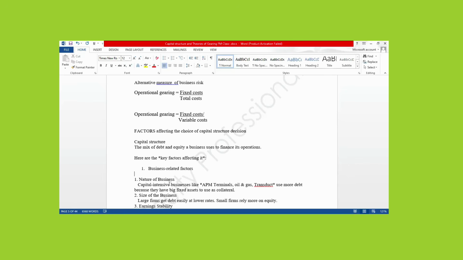Look at the airline business. Such businesses are capital intensive. They borrow a lot of money to run the business. So the nature of your business will affect the choice of your capital structure.